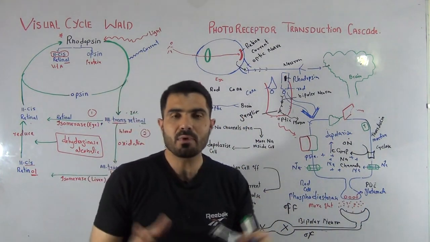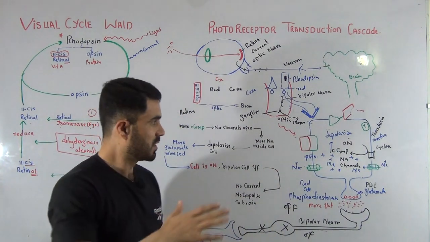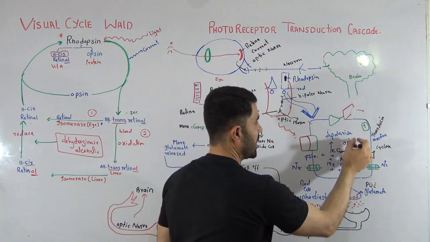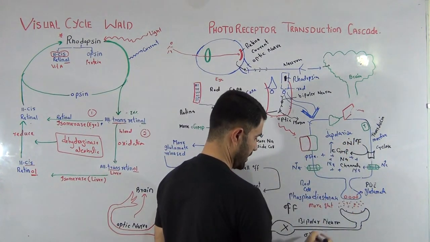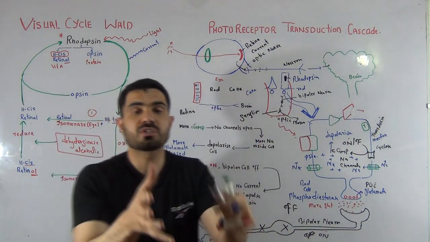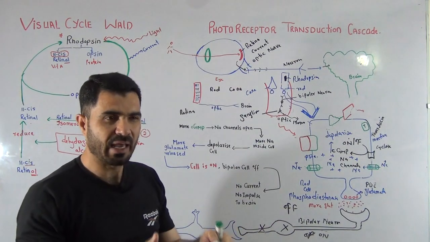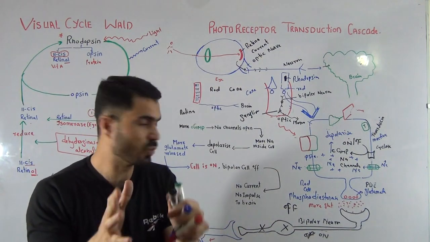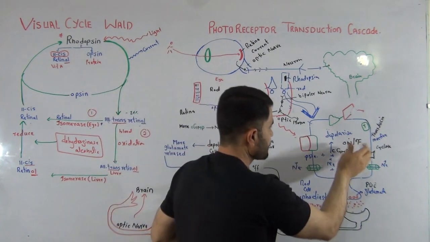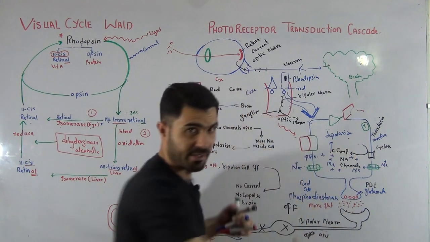Simple. Now when the light falls on your eye, what happens? This cell becomes off and this neuron becomes on. How? Let me explain this. This is the most interesting part of the lecture. I will start from the light.